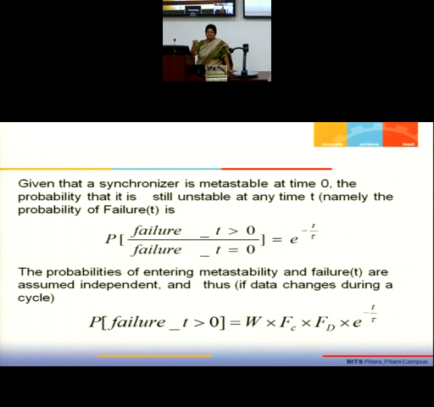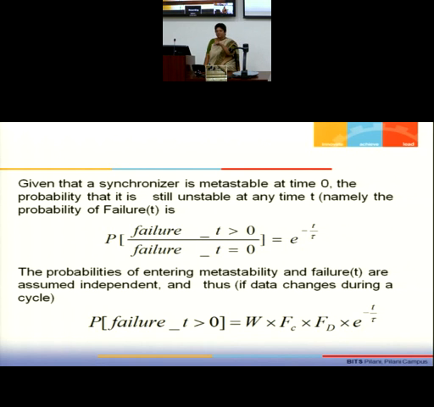The tau is the time constant of the system, or the latch, and t is the time you allow it to wait and resolve the metastability. So the larger the time I give, the smaller the probability.